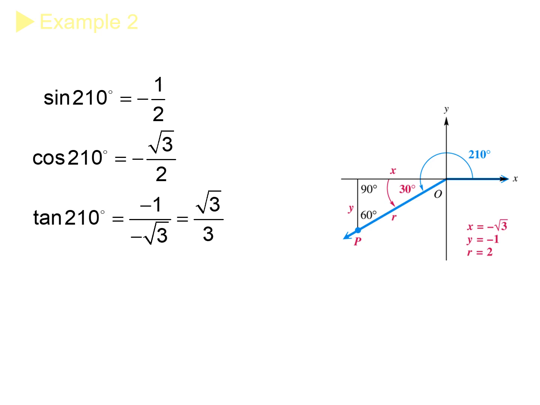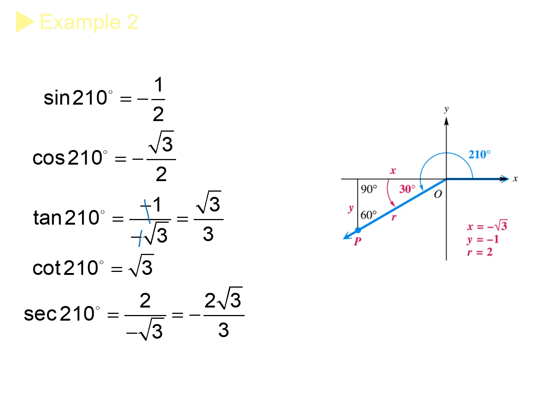Tangent of 210 is minus 1 over minus the square root of 3, canceling out our negative signs and rationalizing the denominator, we get square root of 3 over 3. Cotangent of 210 is just the square root of 3. Secant of 210 is 2 over minus the square root of 3.